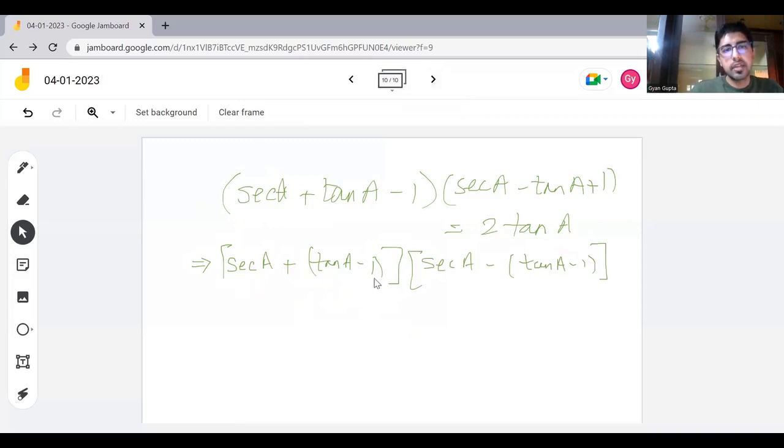LHS can be written like this, where tan A minus 1 becomes my second term, secant A becomes my first term. By taking the minus common from tan A plus 1, I can write it as minus of tan A minus 1.